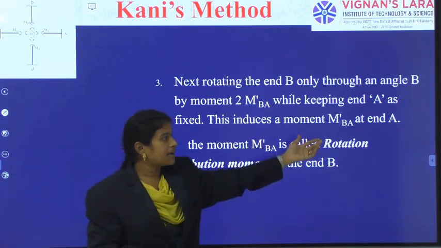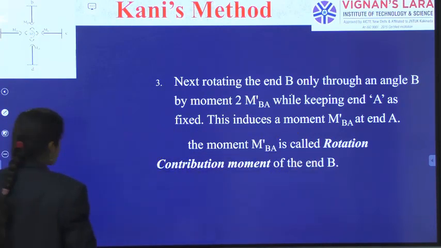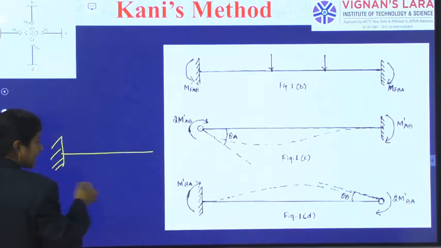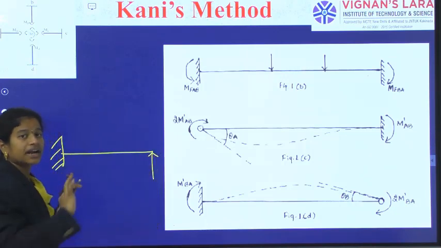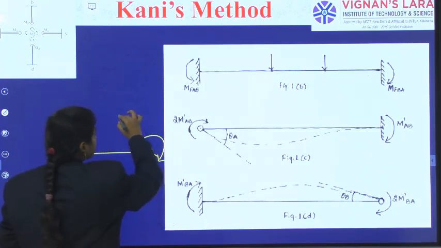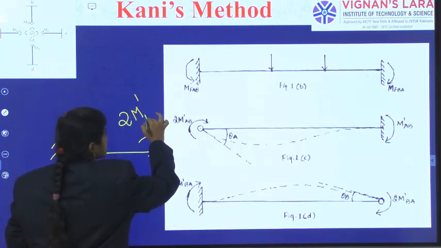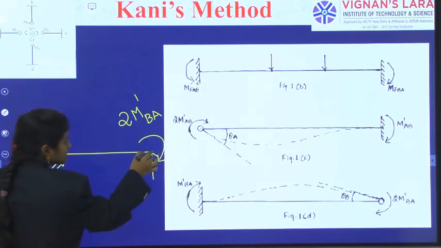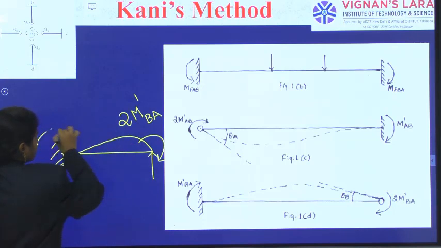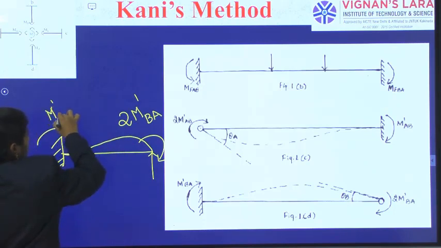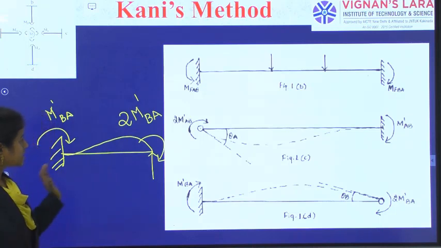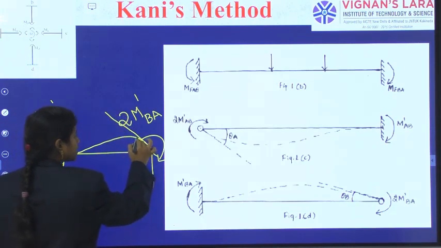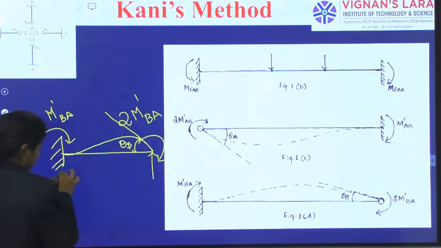This induces the moment M dash BA at A. So, in this condition, the same structure, keeping A fixed, B is simply supported and it is applied with 2M dash BA at B towards A, and it is causing a moment as M dash BA. So the slopes I am generating are theta A and theta B. Okay, at A and at B.